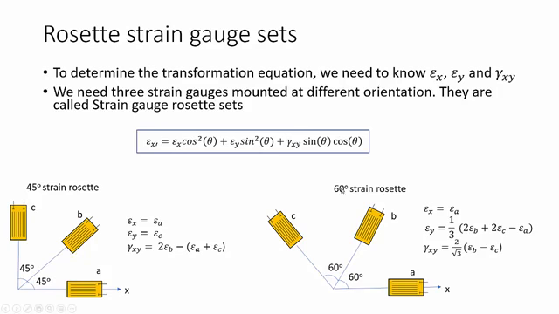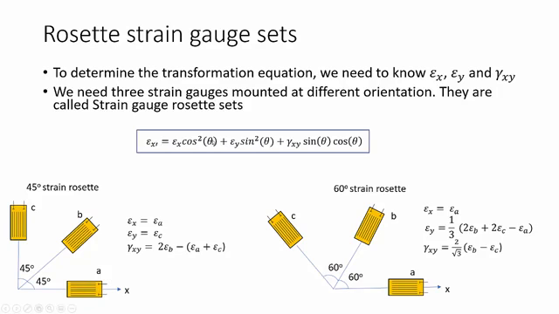There are second type of strain gauge rosette. That's a 60 degree rosette. Okay, these three strain gauge give us three equation by plugging different value of theta. Take this 45-degree strain rosette for example. Strain gauge A give us the theta equal to 0.